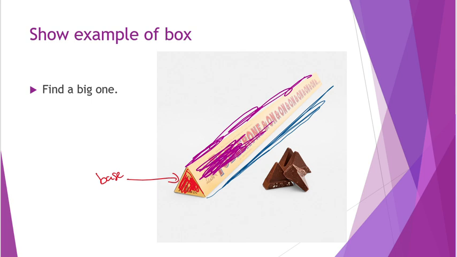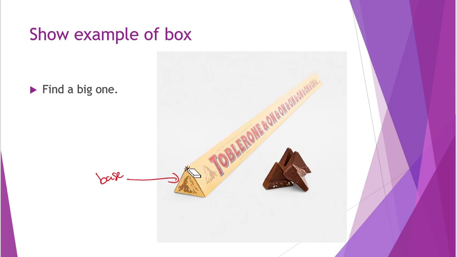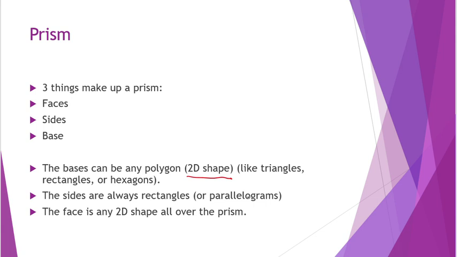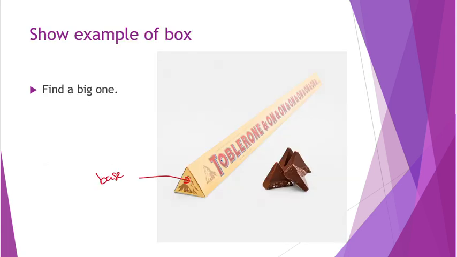It covers everything. The base is just the bottom of it. Now, as you can see here, the sides are always rectangles or parallelograms. The side that I'm currently shading in purple is called the side.